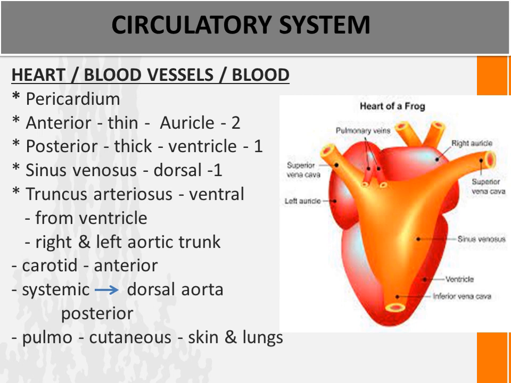Carotid, systemic, pulmocutaneous. So what is the role of these trunks? Mainly they supply blood throughout the body. For each region one trunk is supplying, and as per that they have divided the names. The carotid trunk supplies blood to the anterior region, where the head region is present.